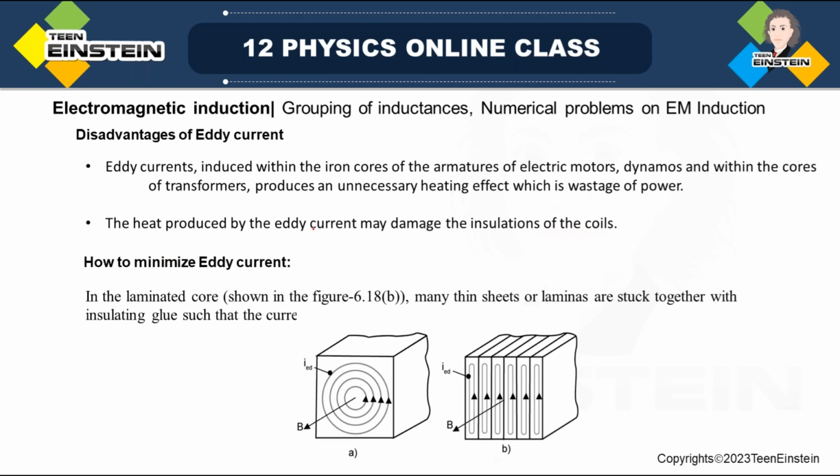The heat produced by the eddy current may damage the insulation of the coil also. That is what I was saying. These are the disadvantages of eddy current, at least in the case of dynamos, electrical motors, etc.